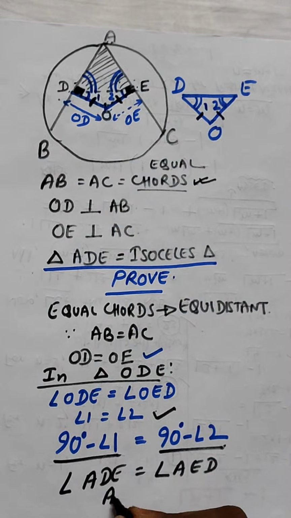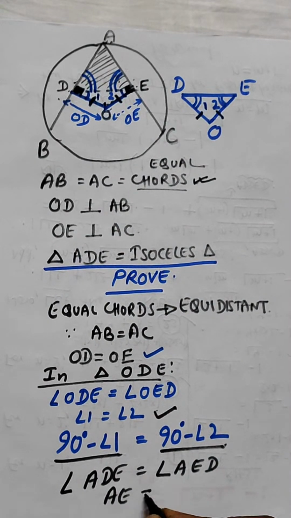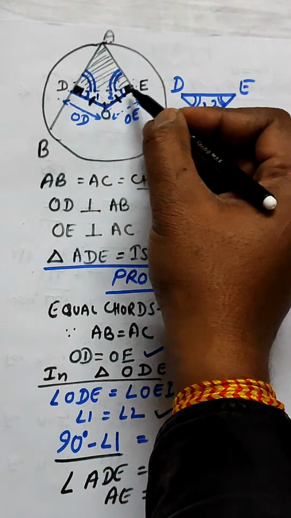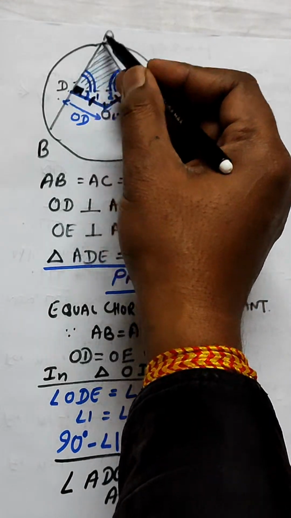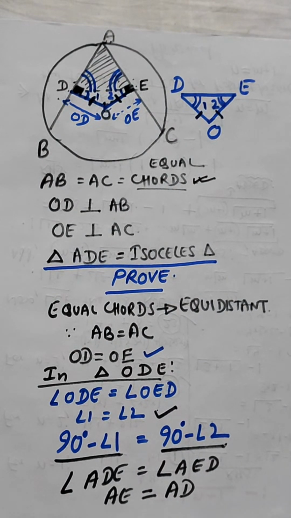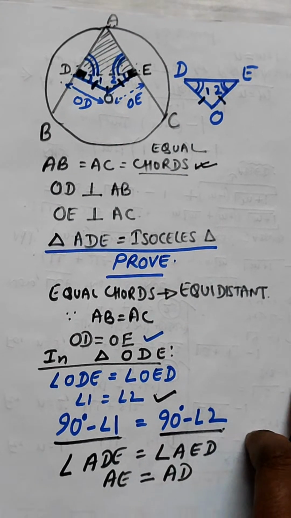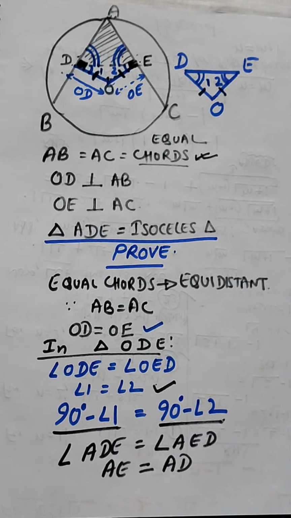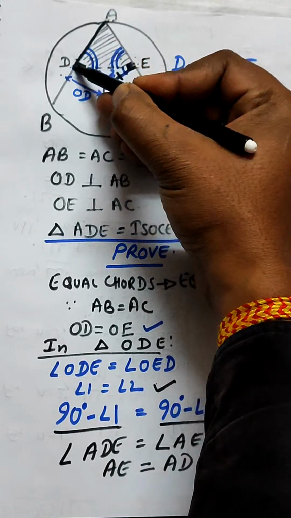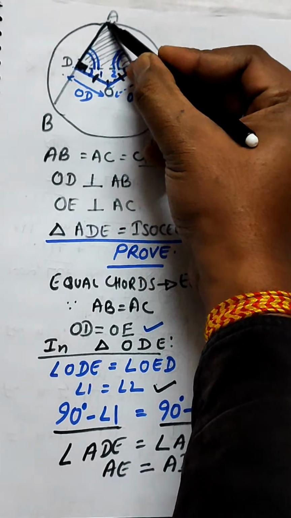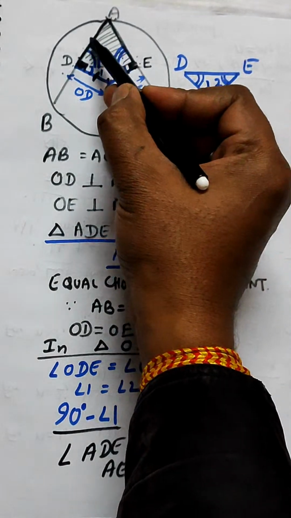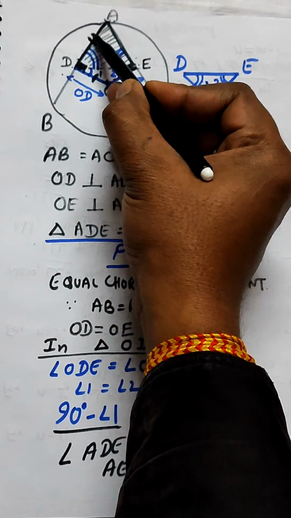So we can write AE is equal to the side opposite to angle AED, that is side AD. So we can say that AE equals AD. So if this side AE is equal to AD, if these two sides are equal, we have proved it.